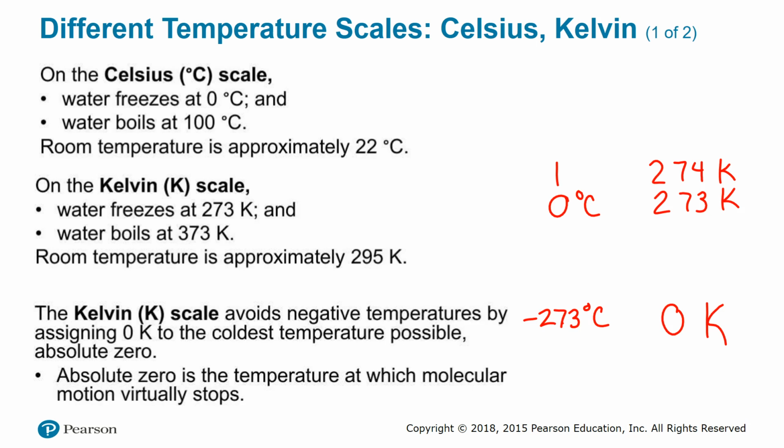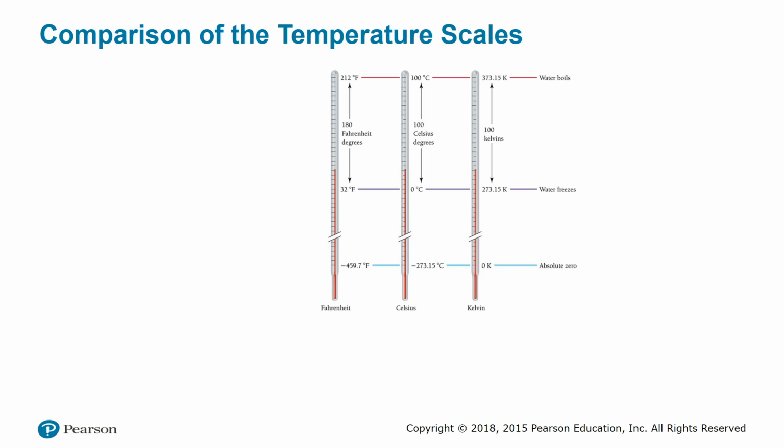All right. So if we're going to compare all three temperature scales at the same time, I'm just using boiling point, freezing point, and all of that. Looking at Celsius, 100 degrees Celsius is 373.15 Kelvin, 212 Fahrenheit. 0 degrees Celsius is the freezing point, 32 degrees Fahrenheit, 273.15 Kelvin.